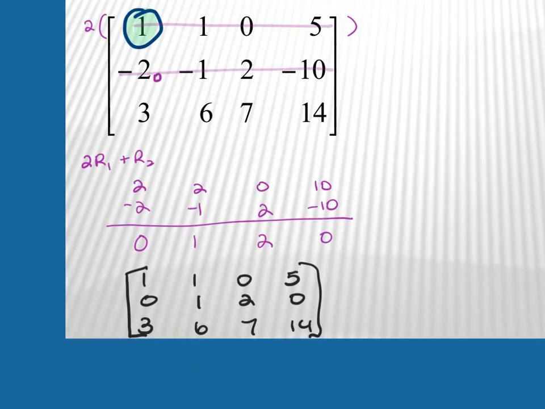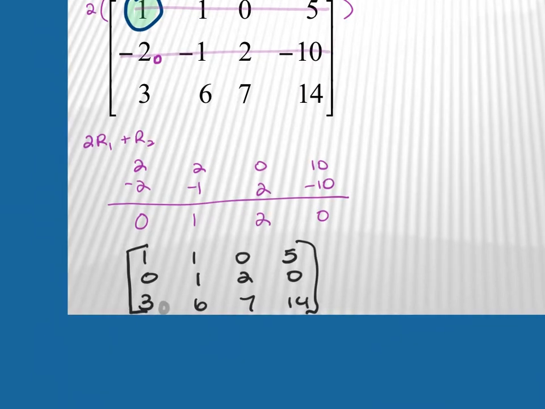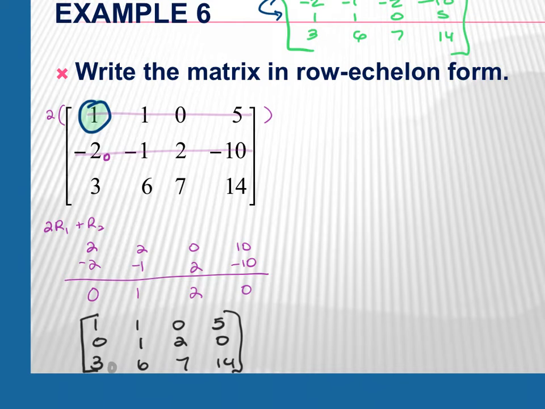Now, again, this is just the pattern I would suggest. It doesn't always work, but then I would work my way down again. I would want a 0 where the 3 is. How could I get a 0 where that 3 is? I have to use the first row. There's no way I can change the second row so that that 0 becomes a 3, right? I can't add to a matrix. I can only multiply and add. So I would take the first row, multiply it times -3. -3, row 1 plus row 3.